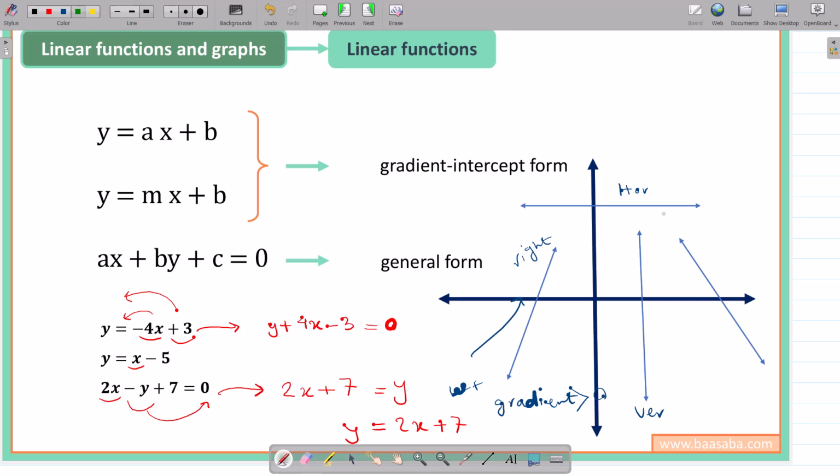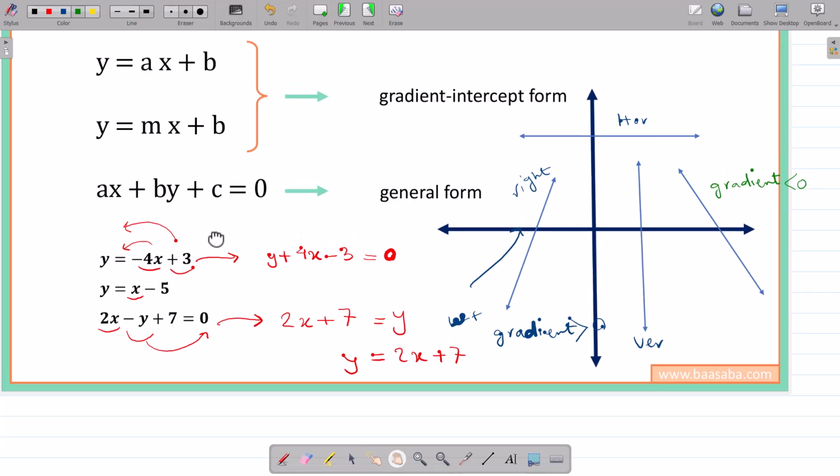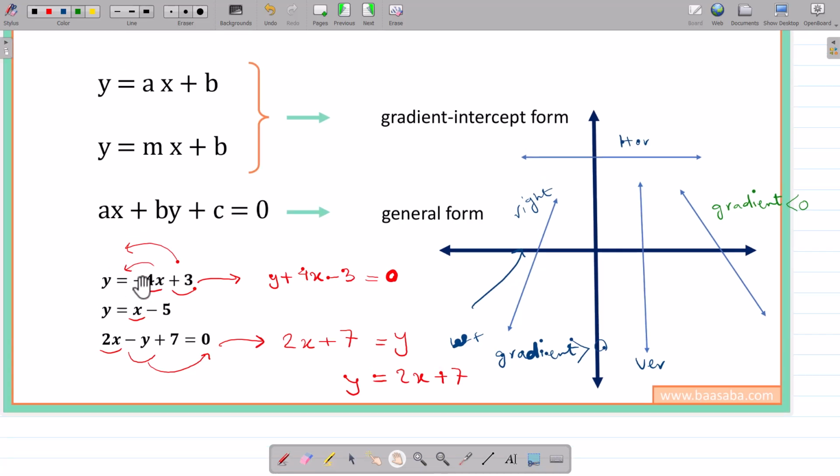But when a line is going downward, when we are looking at it from left to right, the gradient of the line is less than 0. It may be negative. In these three forms, we can figure out what kind of line do we have in here. In the first one, the coefficient of the x is always telling us about the gradient.